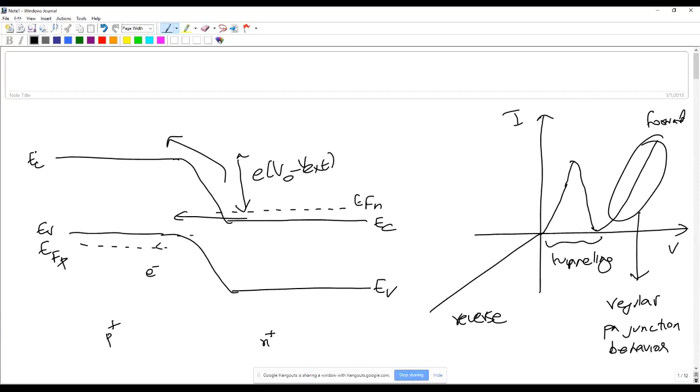So again, a tunnel diode or an Esaki diode basically has different IV characteristics, and that is because you start with heavily doped P and N type materials, and that basically causes a very narrow depletion region, which allows tunneling for some voltage region until the Fermi levels are so far apart that tunneling cannot happen again, and then your regular PN junction behavior is maintained.